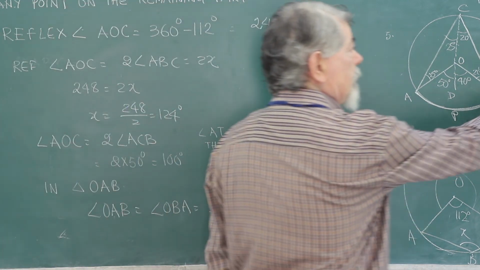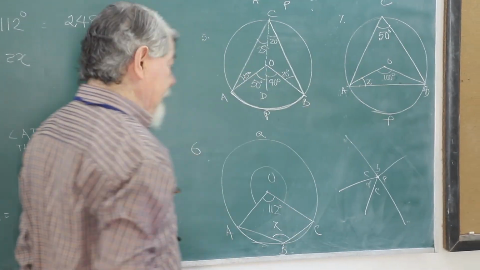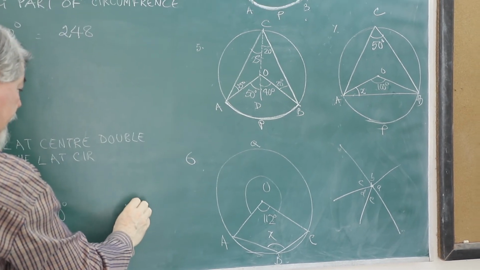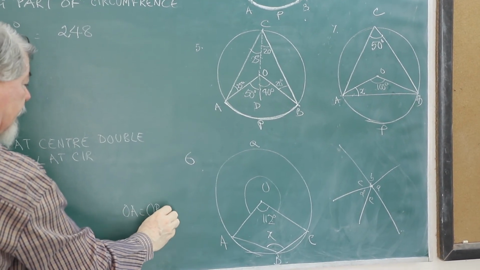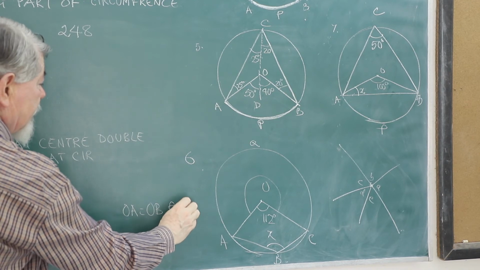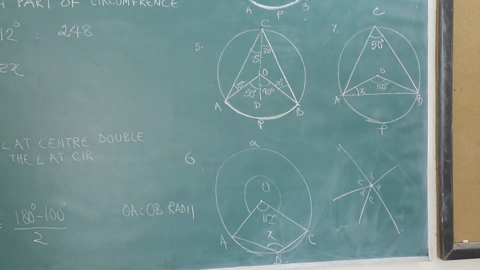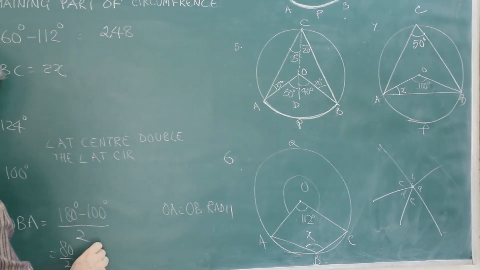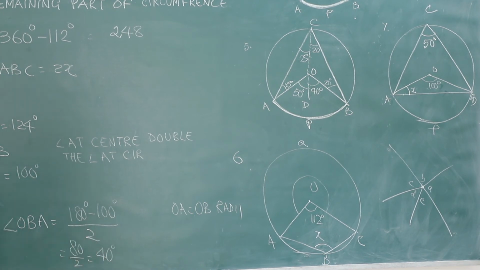Because OA is equal to OB, radii of the same circle. So 180 minus 100 is 80, 80 upon 2, that will be equal to 40 degree. This angle X will be equal to 40 degree.